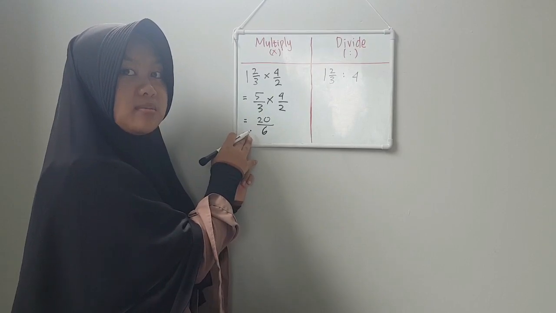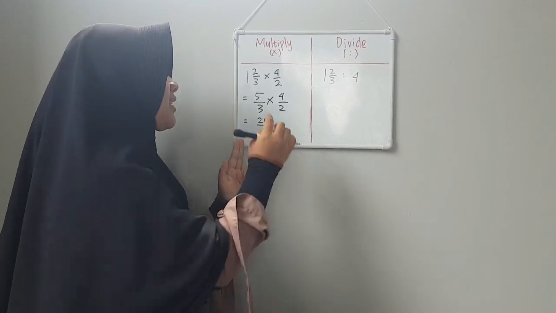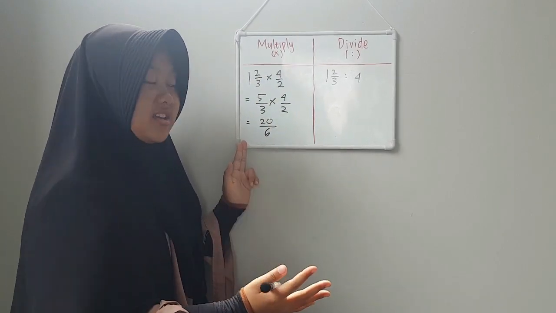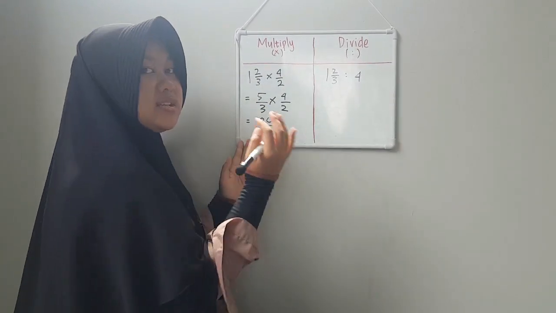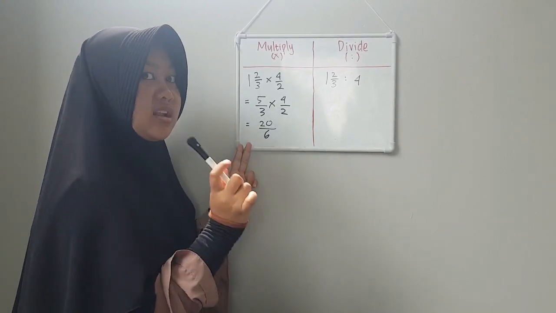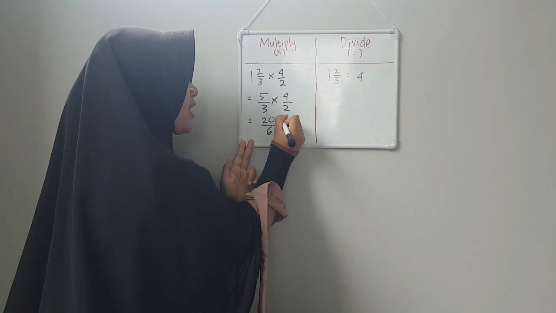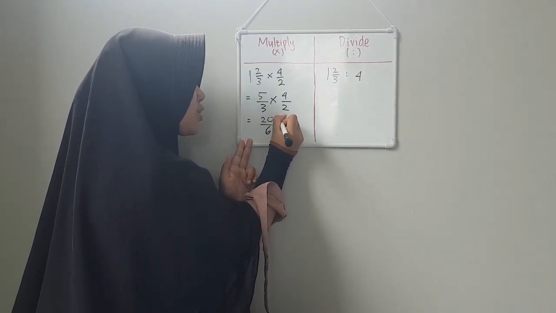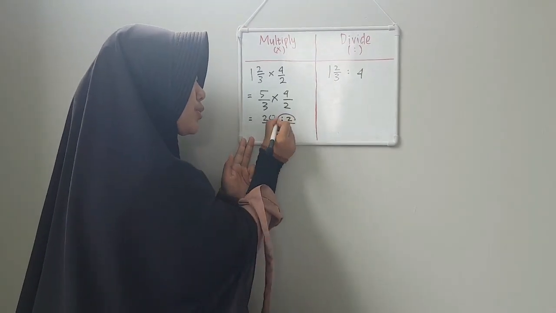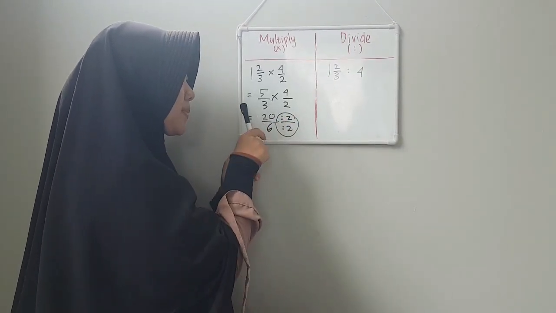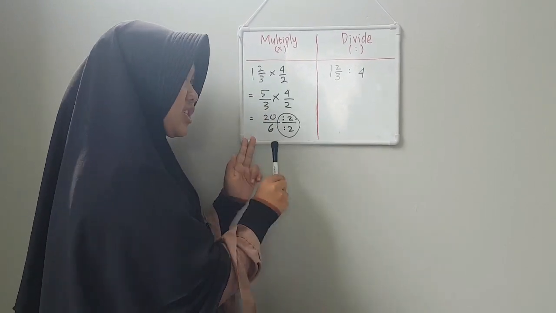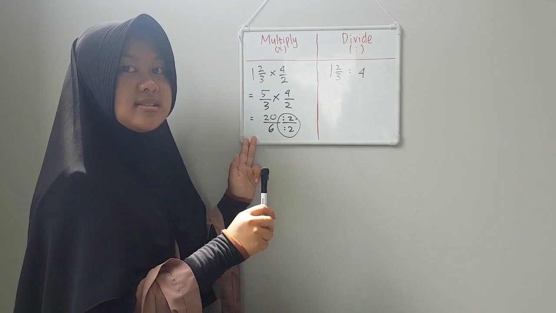But we can make it simpler again, by dividing the top and the bottom of the fraction by the same number, for example, 2. We have to divide the top and the bottom of the fraction by the same number to make this fraction simple.